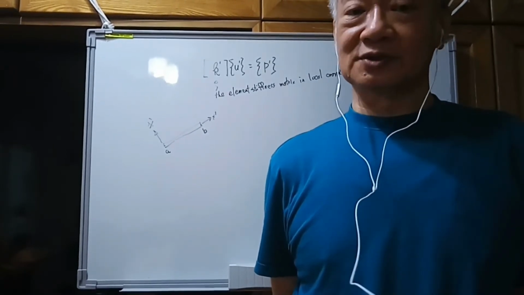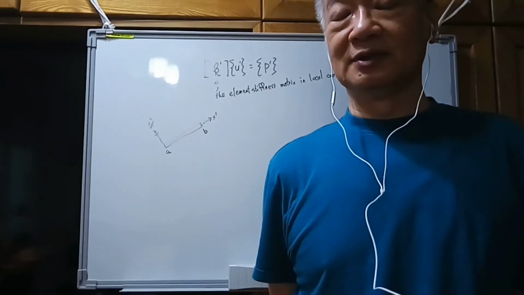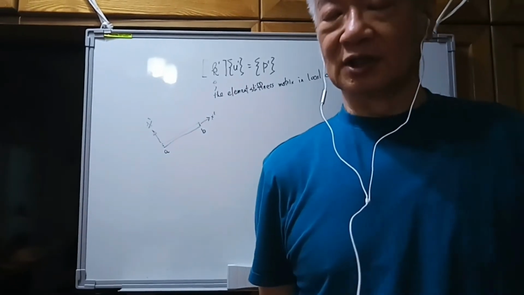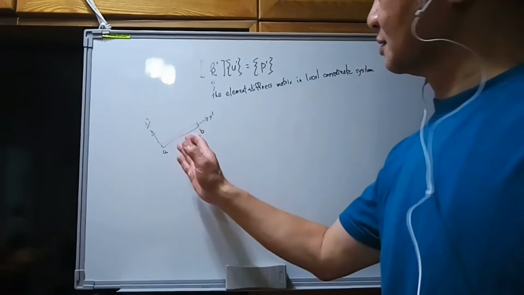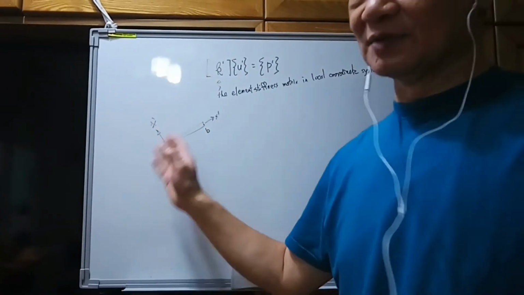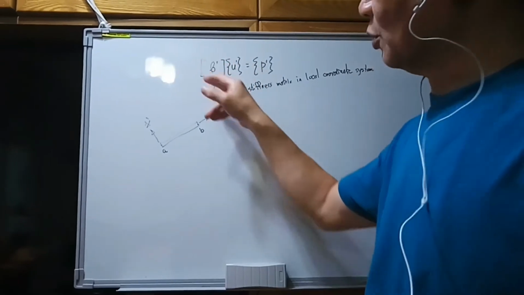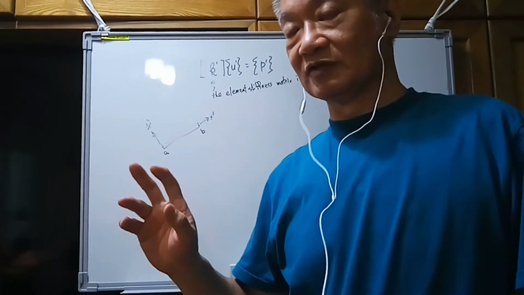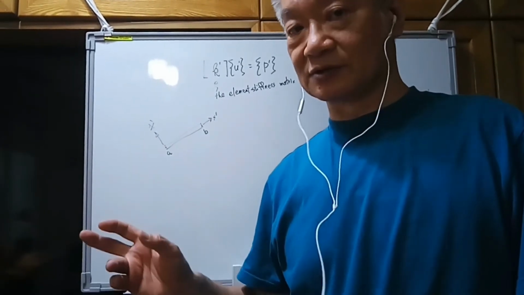Sometimes we need to consider both flexural deformation and shear deformation. So if we use the local coordinate system, it is easier for us to derive the element stiffness matrix. That's why we always derive the element stiffness matrix in the local coordinate system first.